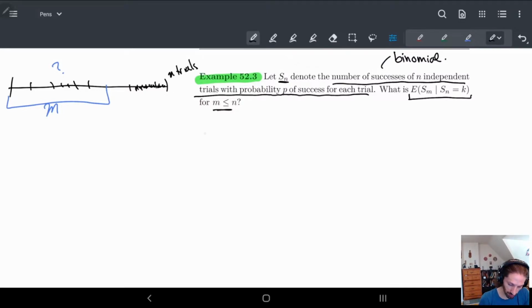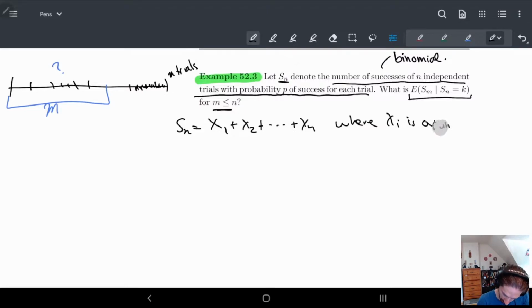And so what we're going to do is we're going to let Sn be equal to the sum of all the xi's, x1 plus x2 all the way up to xn, where xi is a random variable with a Bernoulli distribution with probability p.